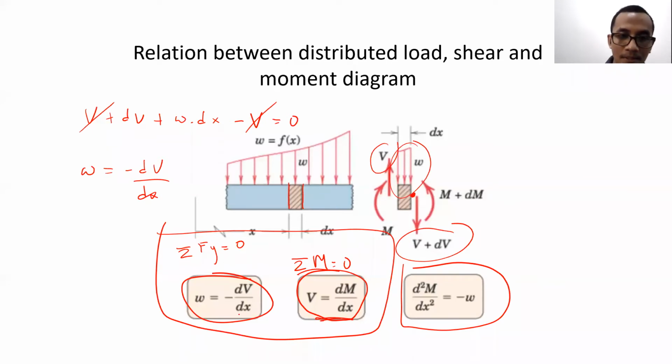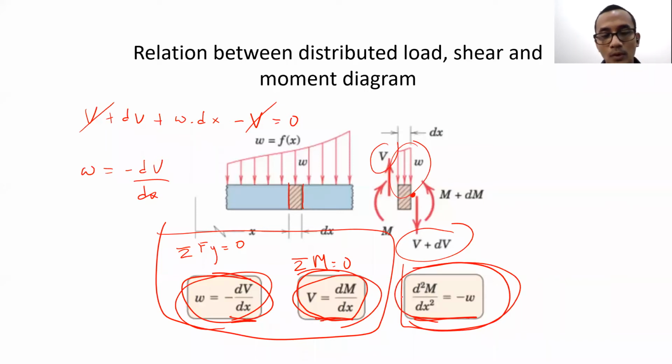And w here is the first derivative of V against x, minus. Then we can find out that w is actually minus the second derivative of M against x, like that. So this is the equation to connect between w, V, and M.